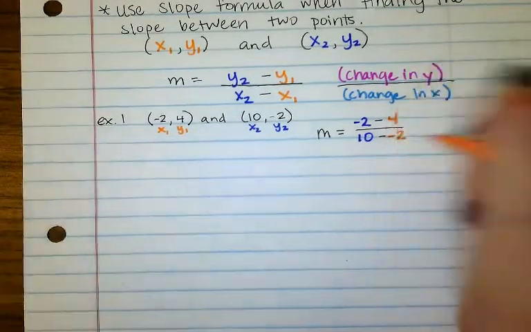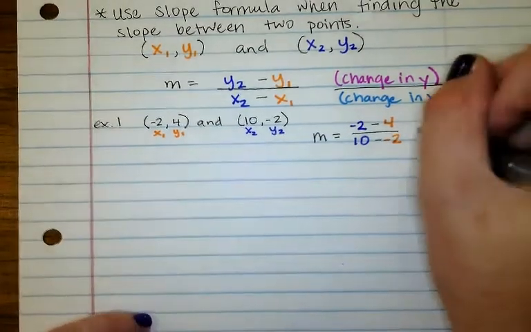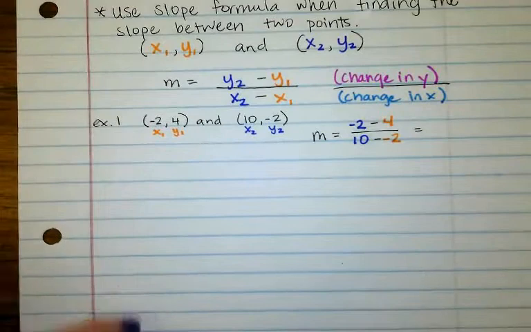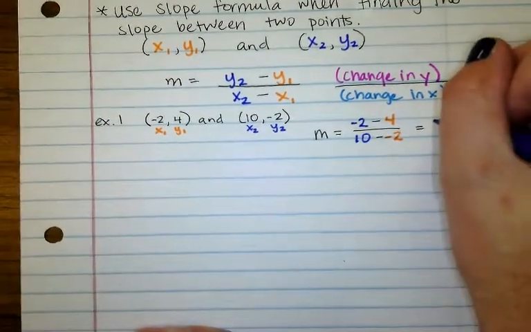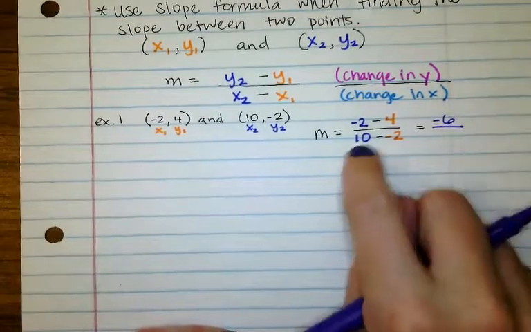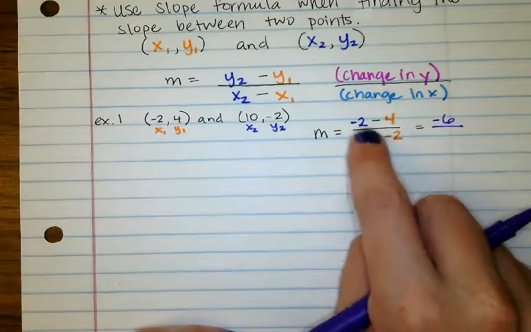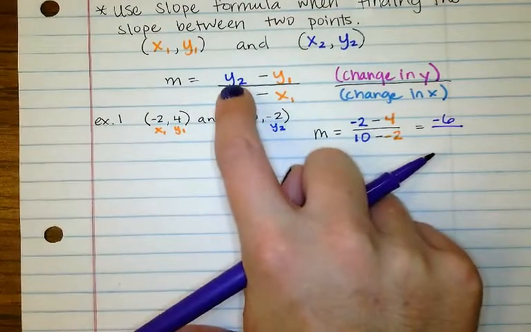So this would be equal to, let's see here, -2 minus 4 is what? -6. Over 10, what? Because that's our formula, y sub 2 minus y sub 1. So -2 minus 4.